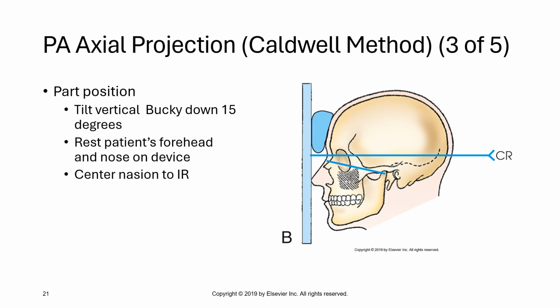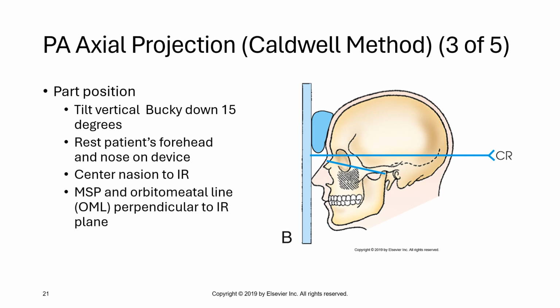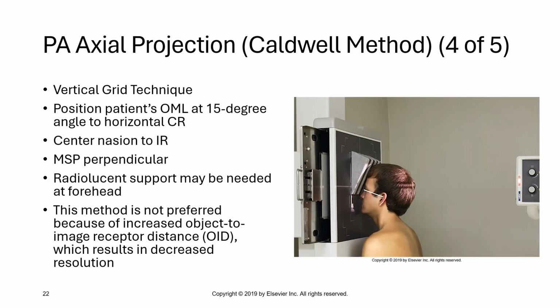Yes, for the Caldwell projection, the central ray always exits the nasion. Mid-sagittal plane and orbital meatal line perpendicular to the IR plane. Doesn't look like the orbital meatal line is perpendicular to the IR plane. That's an error.